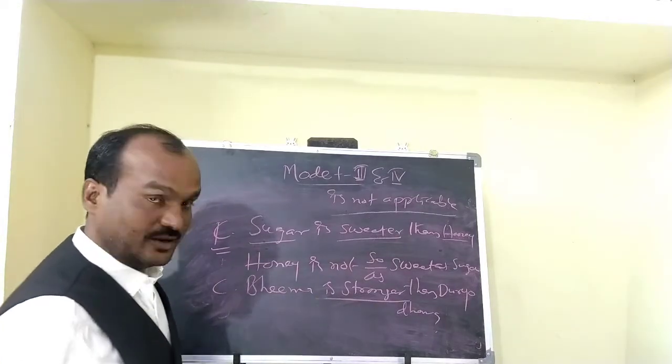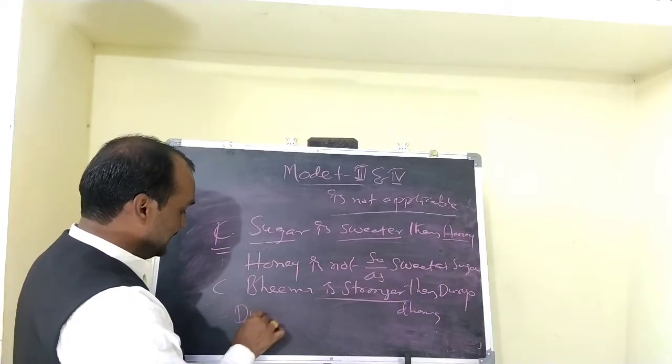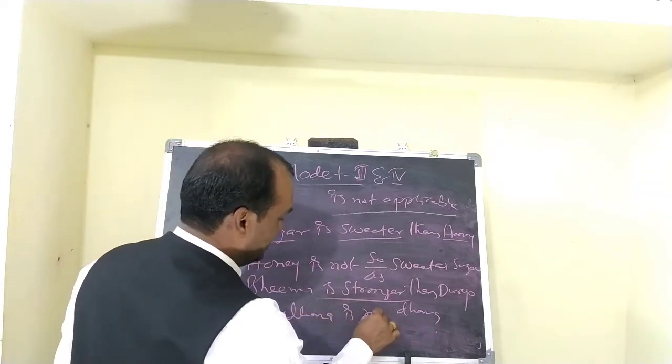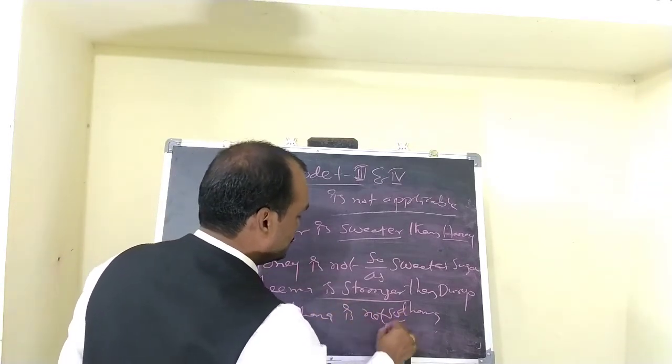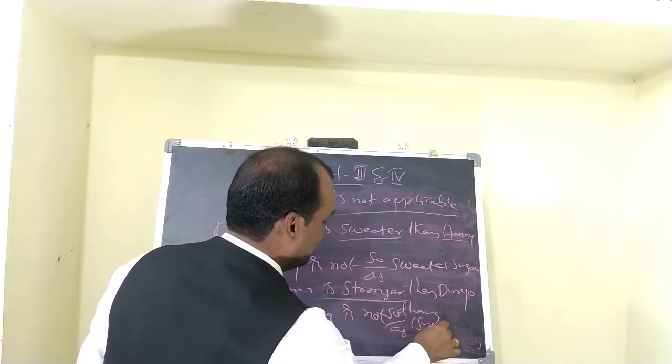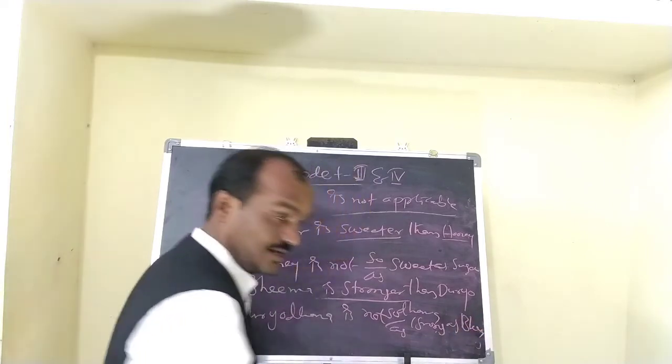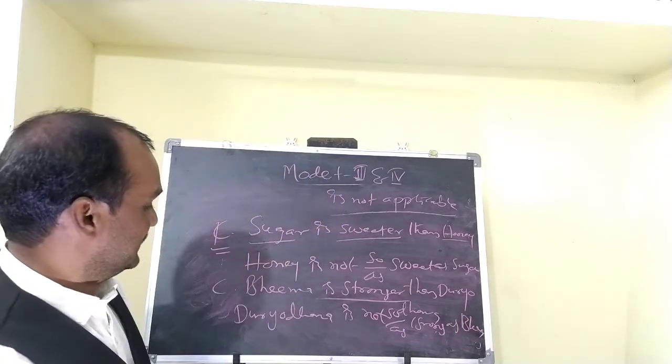Then: Duryodhana is not so strong or as strong as Bhima. The meaning of both is the same. You understand? I hope that you understand this, right? Right, next, another one.